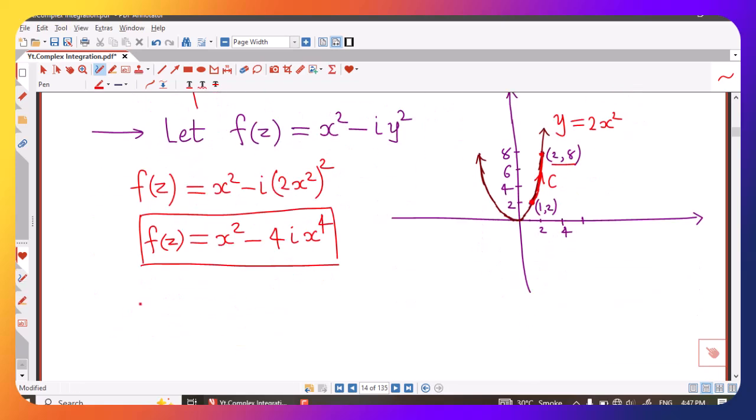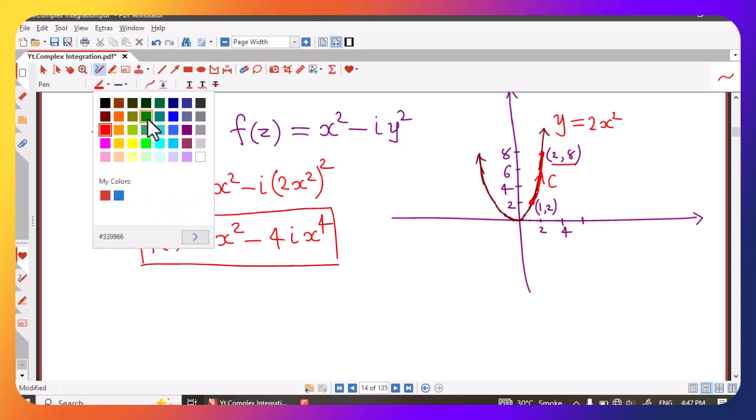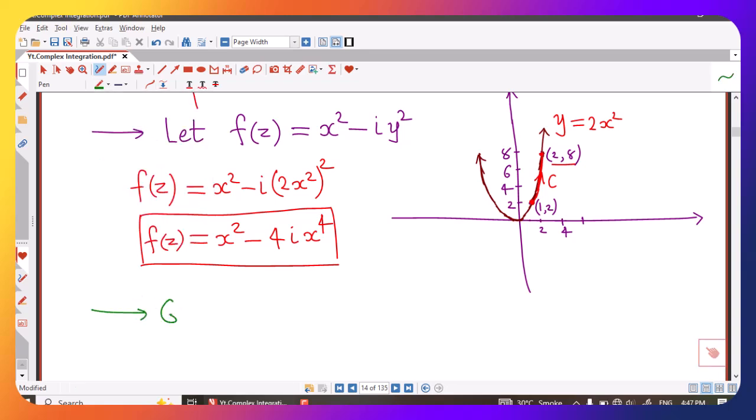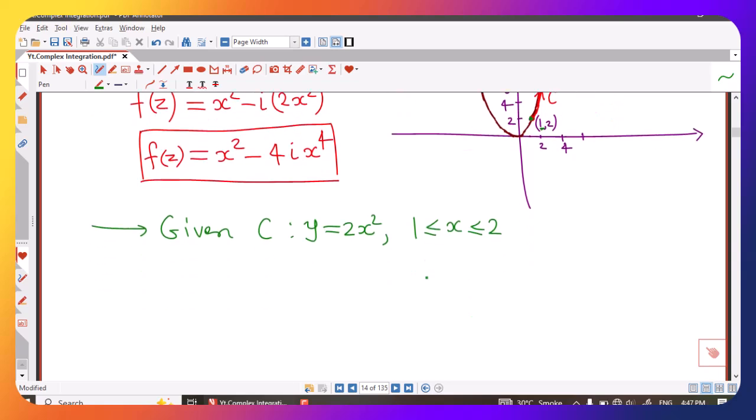Then we have to write our curve. Given that curve C is the parabola y equal to 2x square, between these 2 points, and we are going to convert our curve in terms of the x variable. At this point the value of x is 1, so the lower limit for x is 1, and at this point the value of x is 2, so we will keep x between 1 and 2.